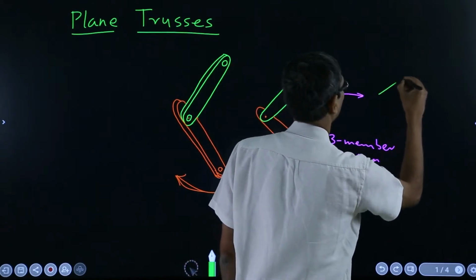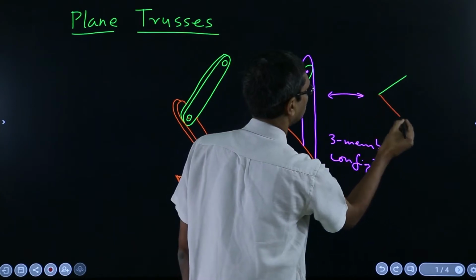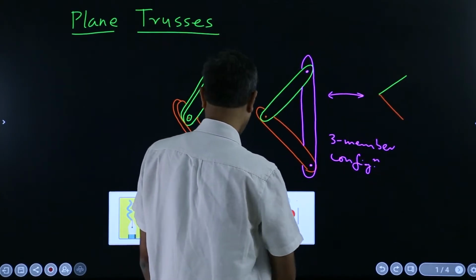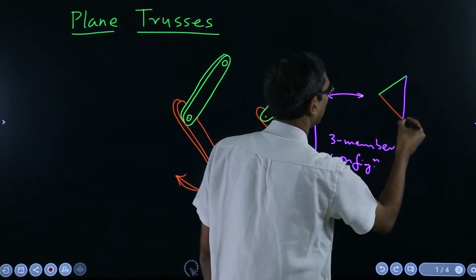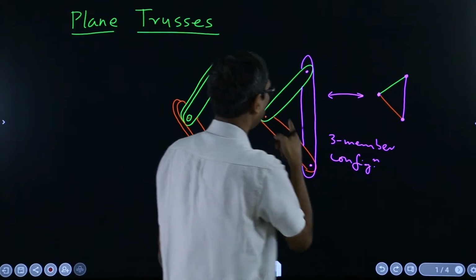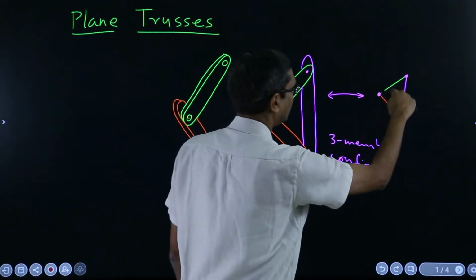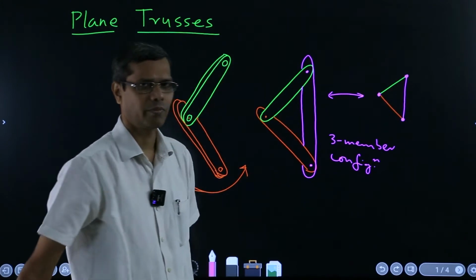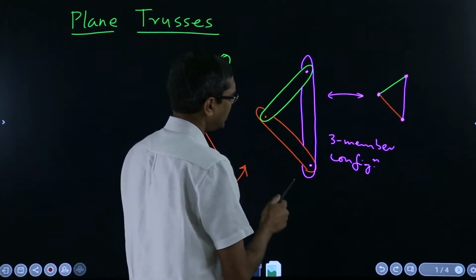Say for example this is one, then orange, and then this purple. Now this also can be a simplified representation of what we have shown here, assuming that all these lines are representing these bars.